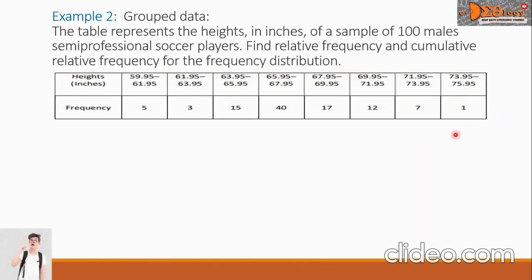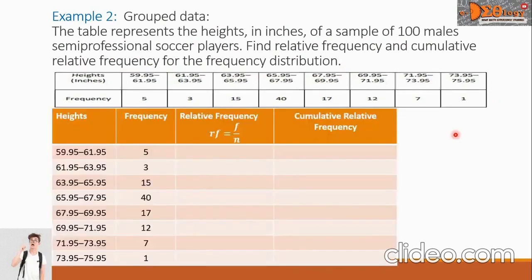Now, let us write our step 1. For our table here, we are going to write 4 columns. In our first column, the heights are there and we can see the classes. The frequency is here on the second column and it is already given.